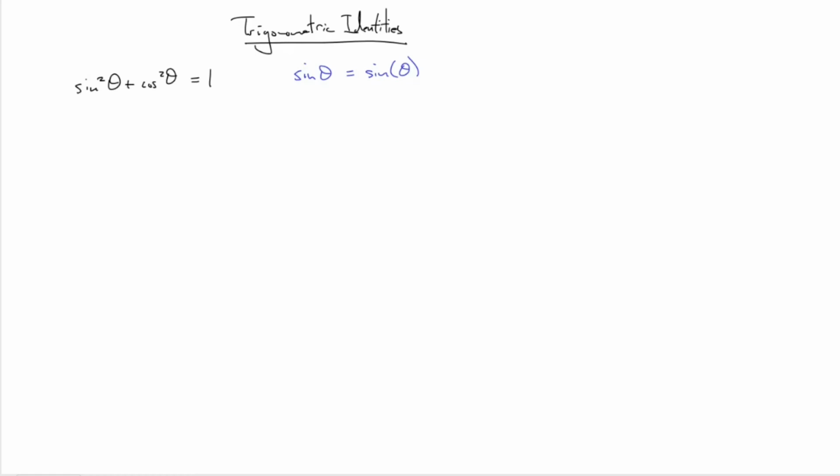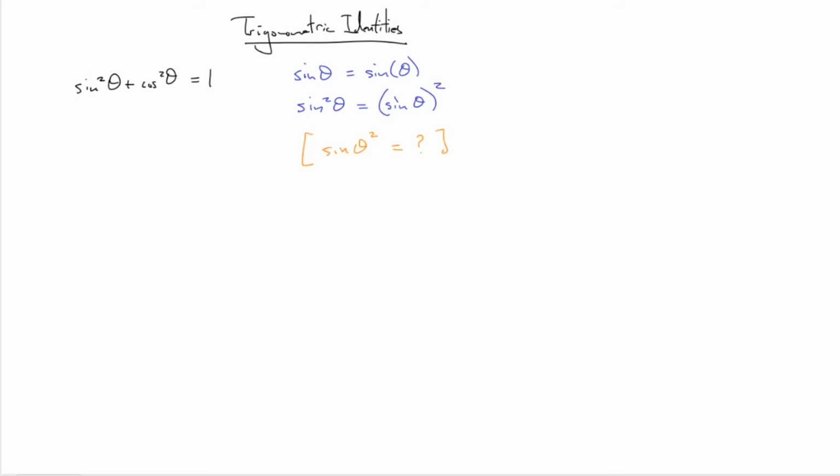There's no multiplication going on. Sometimes people get confused and think this is sine times theta. That doesn't make any sense. This is the sine of some angle theta, meaning what's the y coordinate of where that angle intersects the unit circle. And then this notation sine squared theta, that's just notation for the sine of theta all squared.